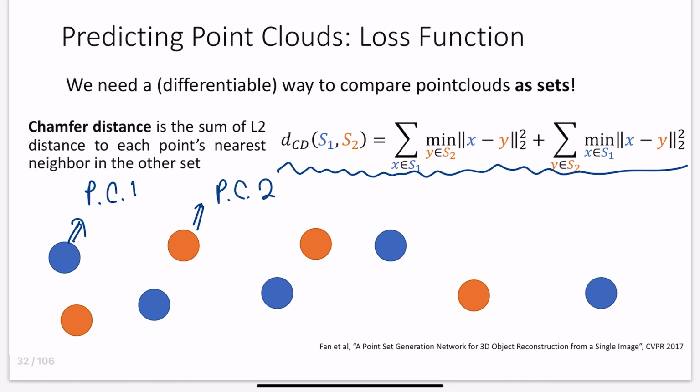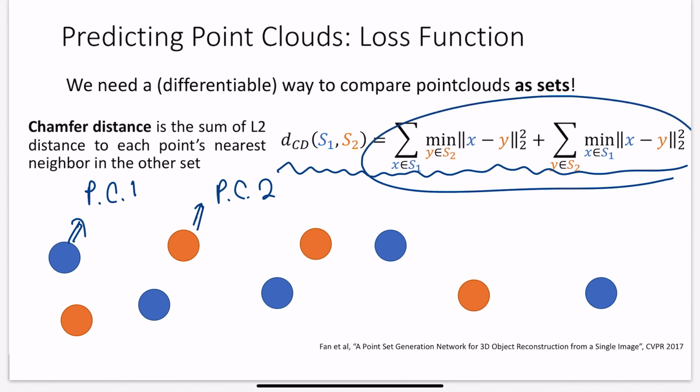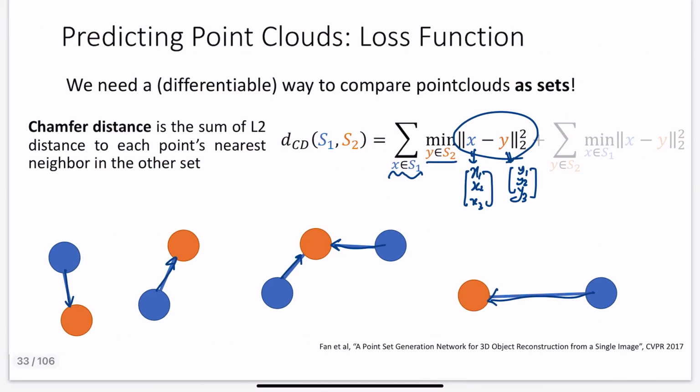Then sum up these two terms to define the chamfer distance. It means that if the two sets of points are similar or exactly the same, then the chamfer distance is going to be small, or 0. That's one way to define the loss function between sets of points.